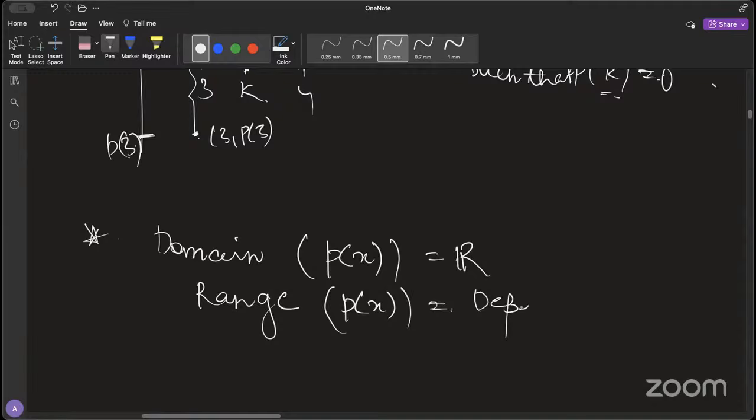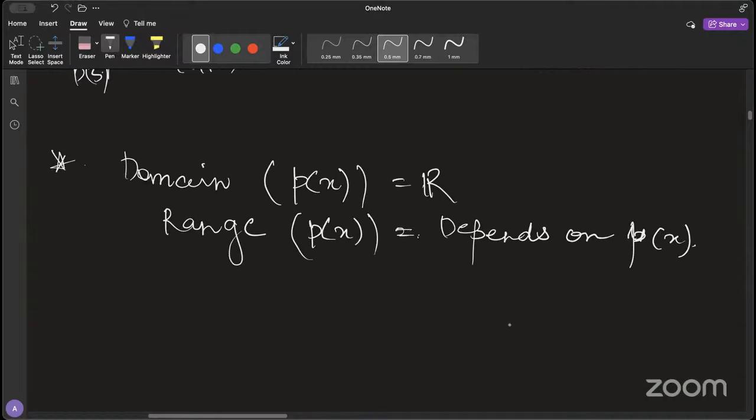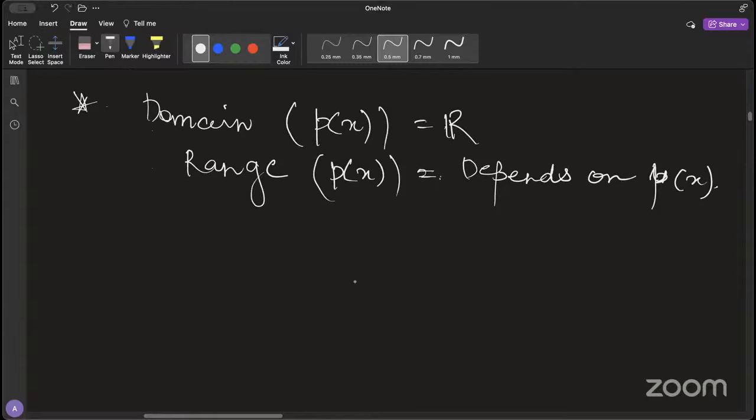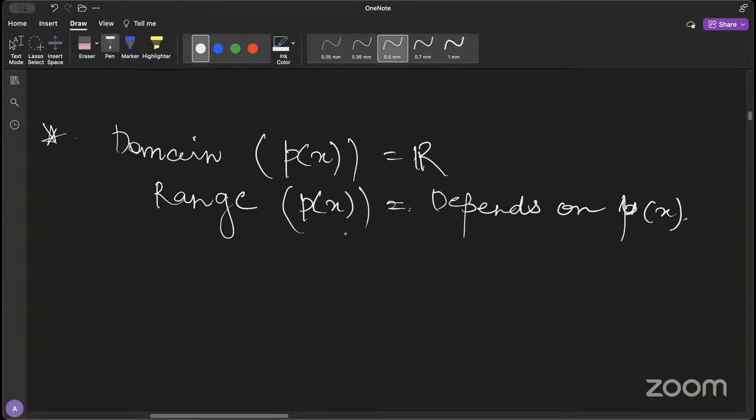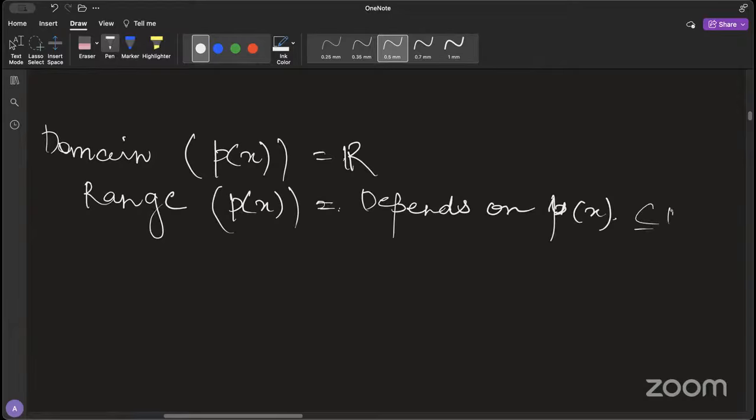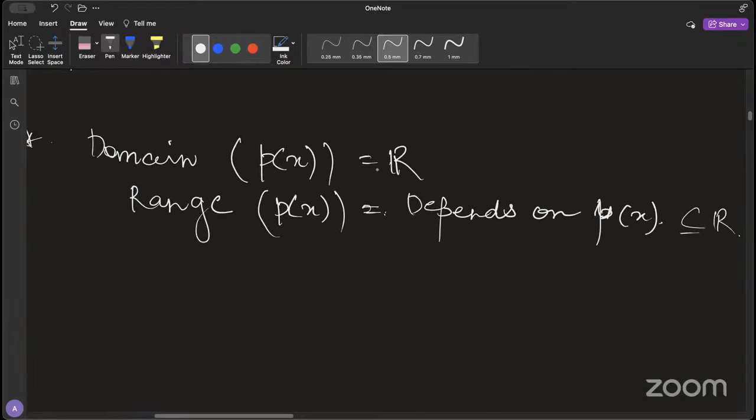It depends on the polynomial, but it can either take real or complex. So the range has to be a subset of real numbers only. If your domain is real, then obviously the range is also real, right?